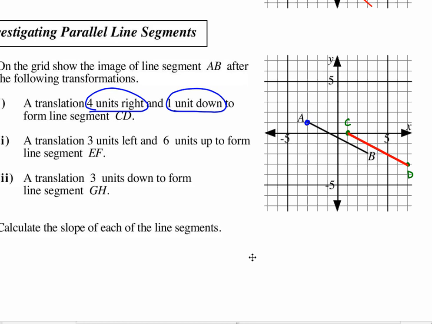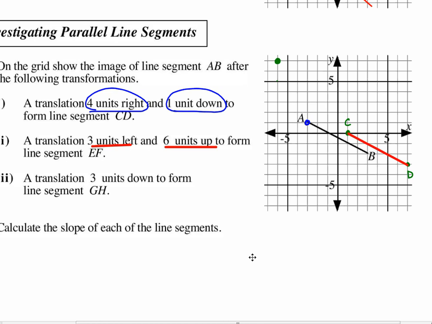All right. Let's do one more. Let's do EF. So let's now translate it 3 left and 6 up. So we're still starting at A. Now let's go 3 left and 6 up. Starting at A. So 3 to the left, 6 up. 1, 2, 3, 4, 5, 6.